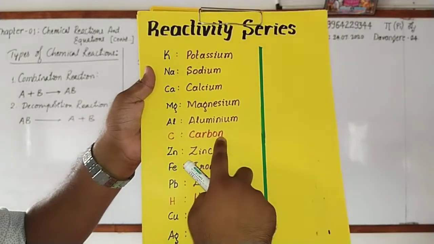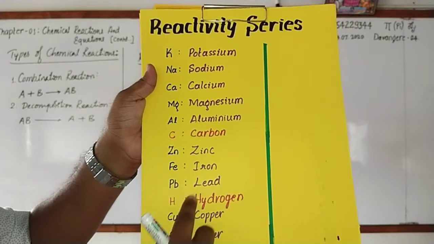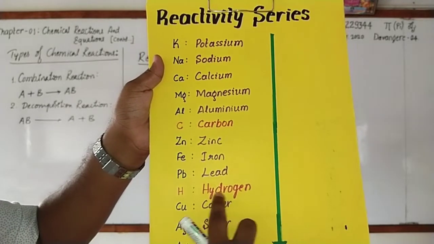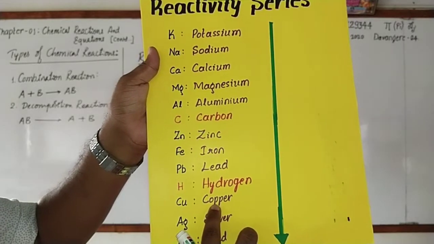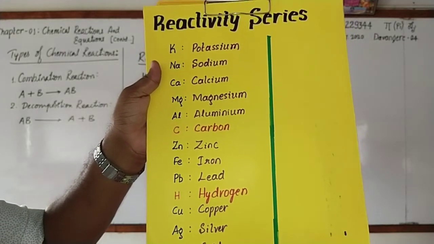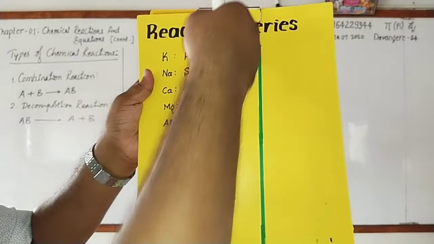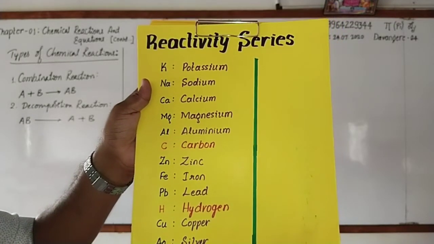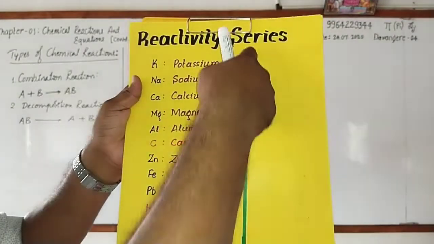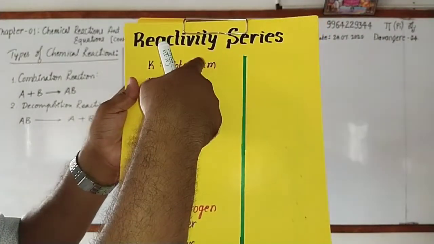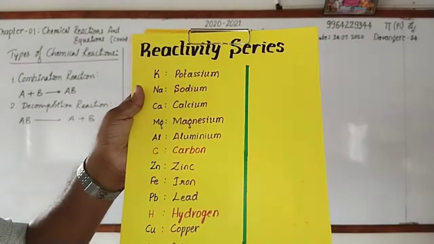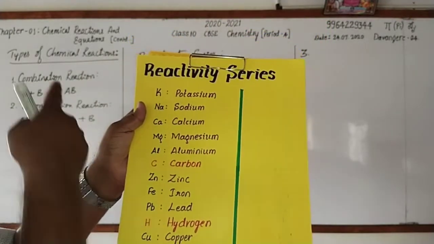In between that we have written a non-metal called carbon, then iron, lead, next hydrogen, this is also a non-metal, then copper, silver, gold. So these metals are arranged in the decreasing order of their reactivity. The arrangement of metals in decreasing order is called the reactivity series. Now I am going to write the same metals on the board.